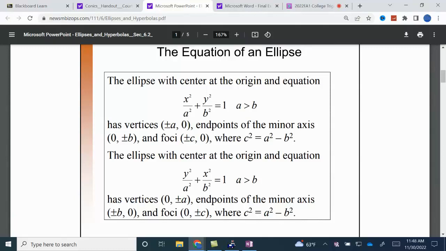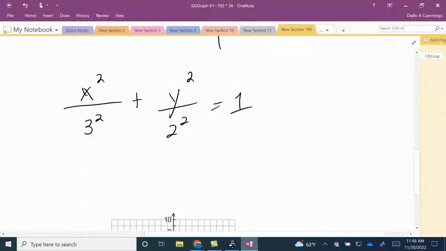The vertices are plus or minus a comma 0, and the minor axis points are 0 comma plus or minus b. So these are the 2 points we're going to use to sketch the ellipse.